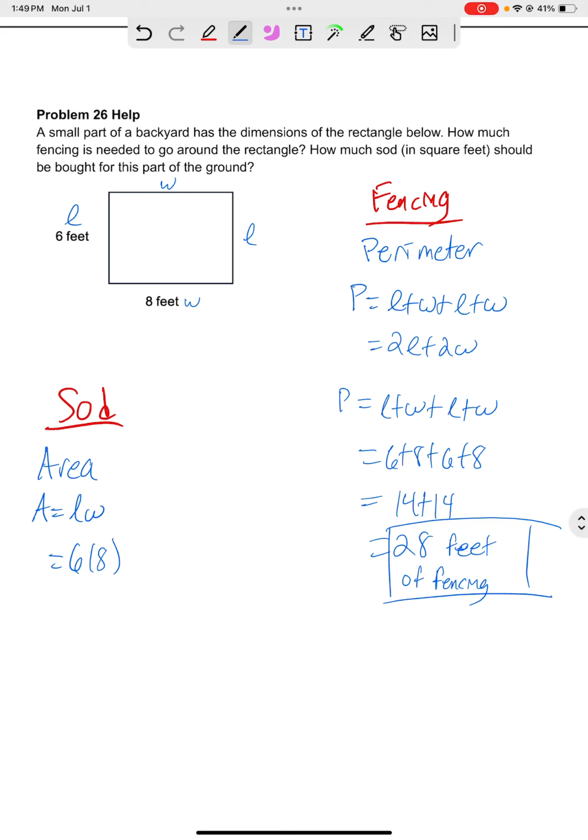So we're going to multiply 6 by 8, and so I've got 48. And now it's not feet, because that would be perimeter. It's square feet, or feet squared. Square feet. And so that is the amount of sod we need.